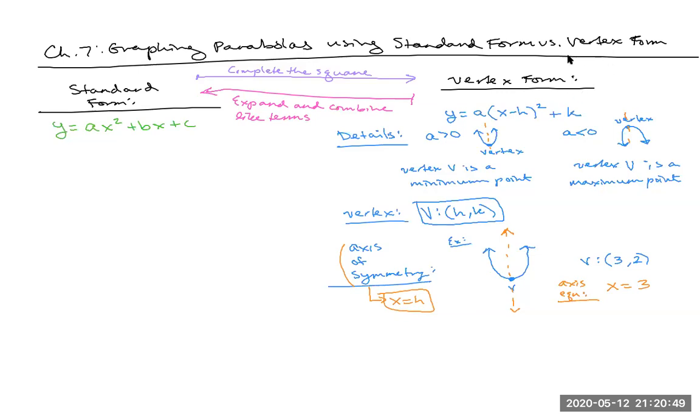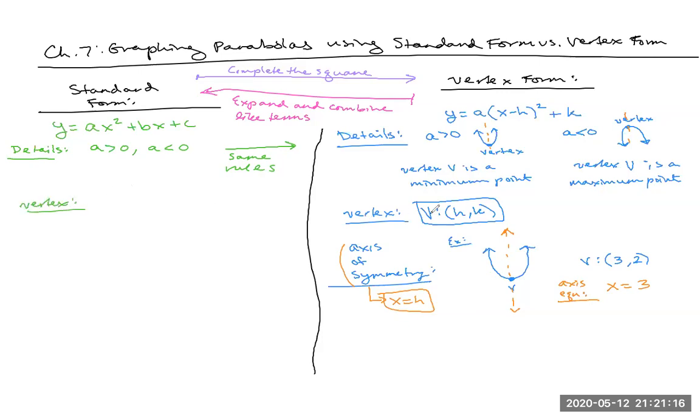All right, so then let's get into our standard form now. Details. A greater than 0, A less than 0 will be the same rules. Okay. Your vertex is still technically located at (h, k), but there's a formula for it.